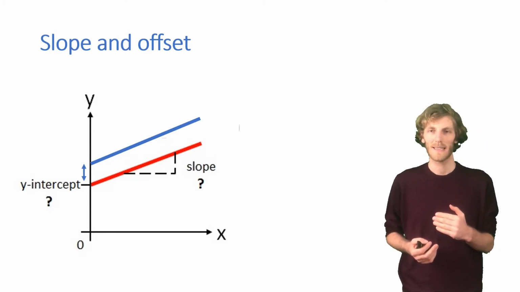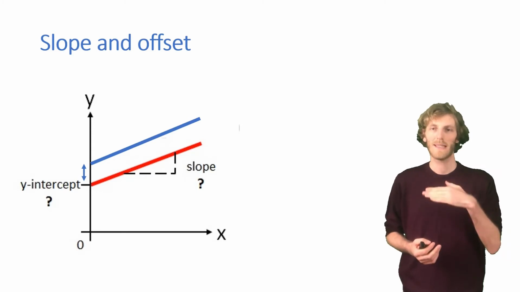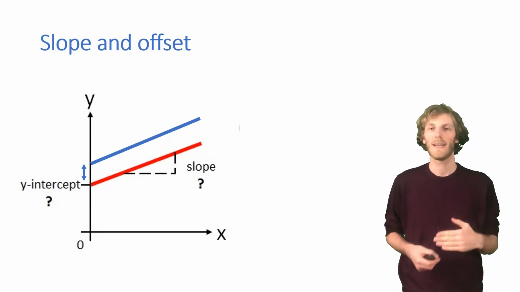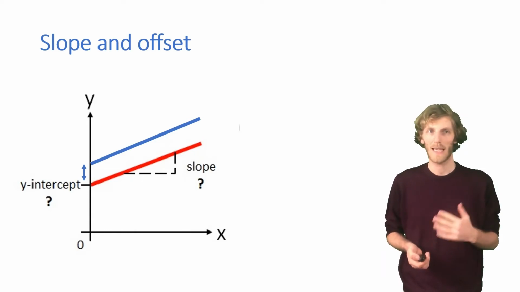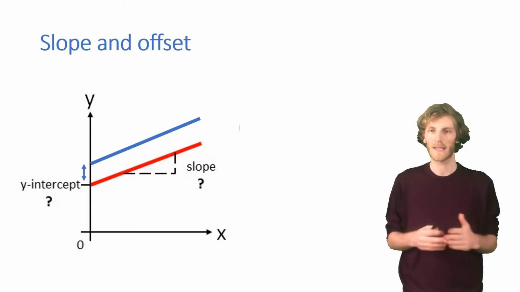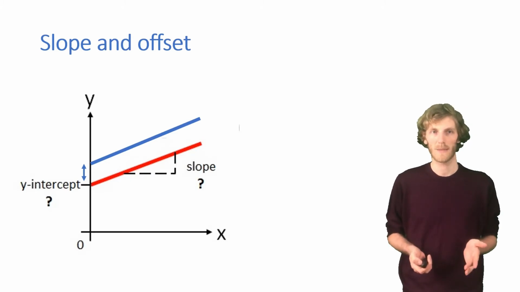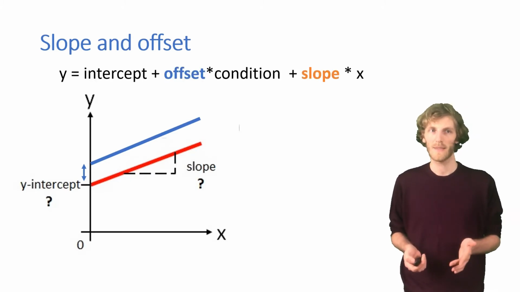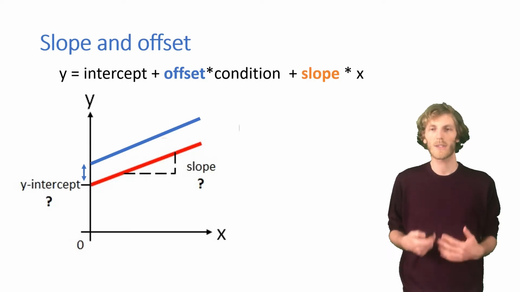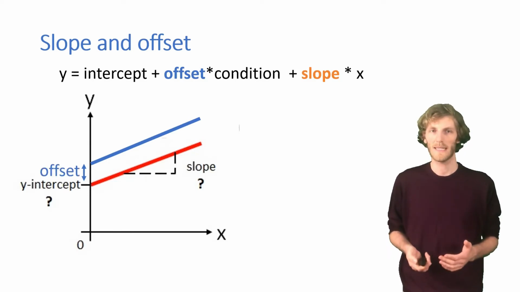That effect determines the average and thereby the intercept. So if we assume that the two effects are separate from each other in that way, the only additional piece of information that we need for our equation is this offset, the difference between the intercepts.